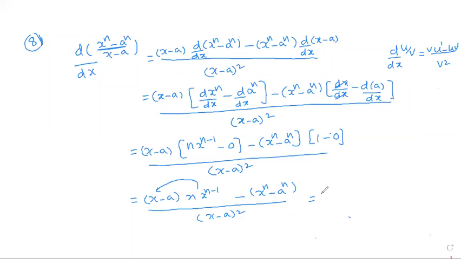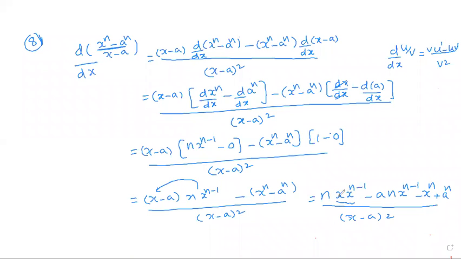That is n into x into x power n minus 1, minus a into n into x power n minus 1, minus x power n, minus minus is plus, a power n, by denominator (x minus a) whole squared. Okay? Bases are equal, so the powers should be added.